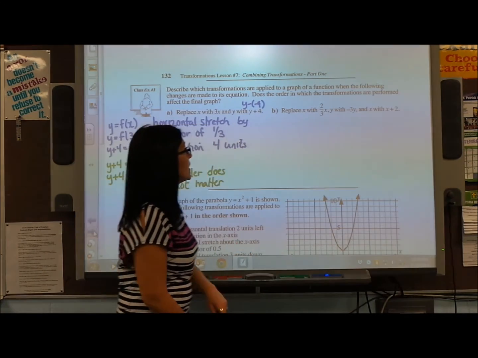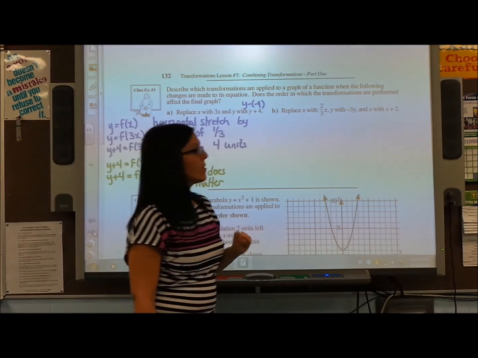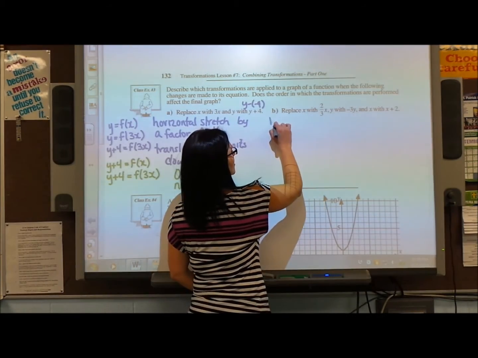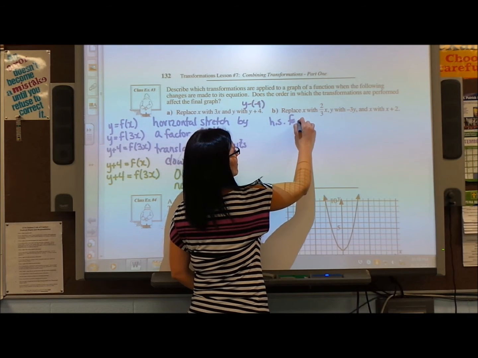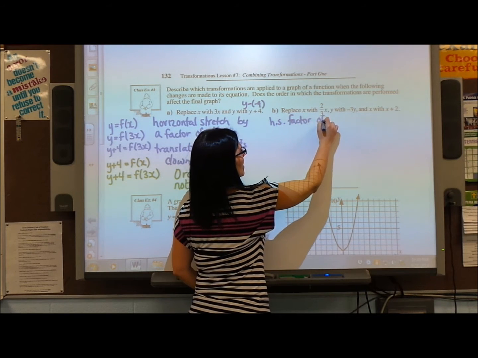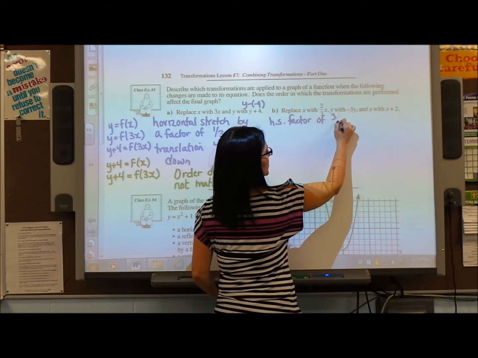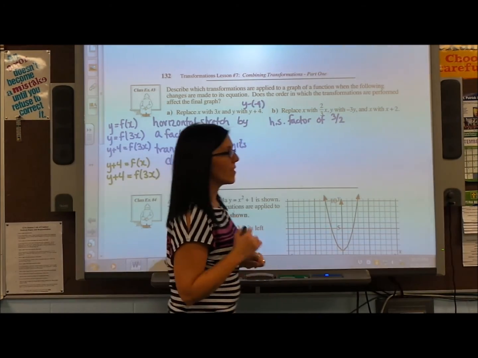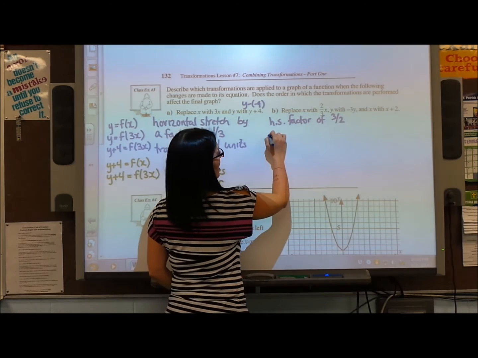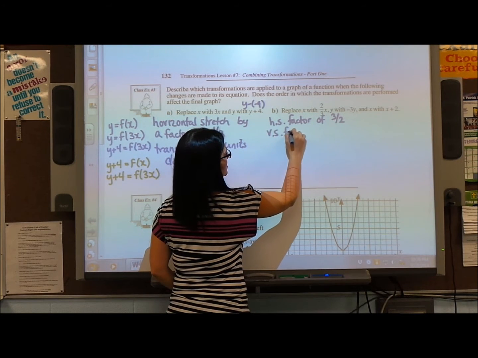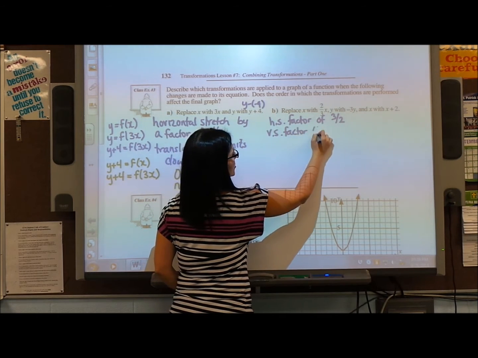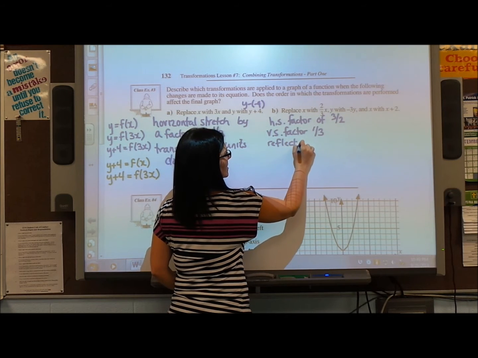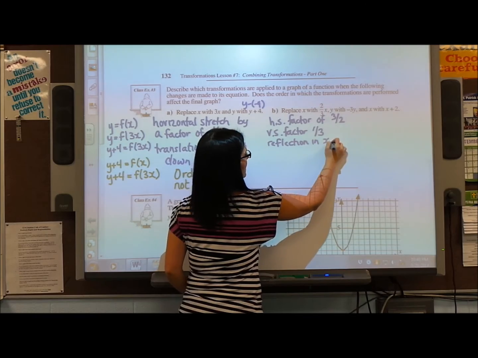Okay, let's look at the next one. If I replace x with a 2/3 x, that is going to be a horizontal stretch by a factor of the reciprocal, which would be 3/2. If I replace y with a -3y, I have a vertical stretch by a factor of 1/3 and a reflection in the x-axis.